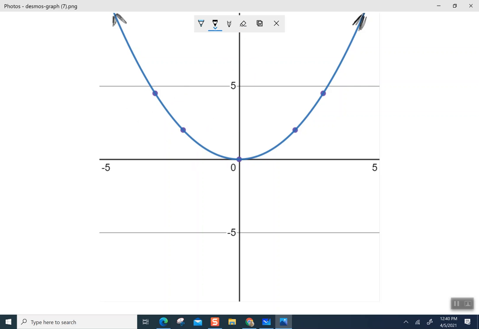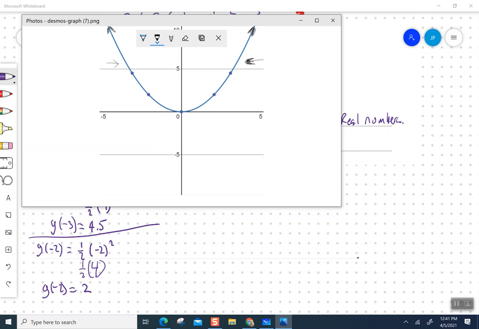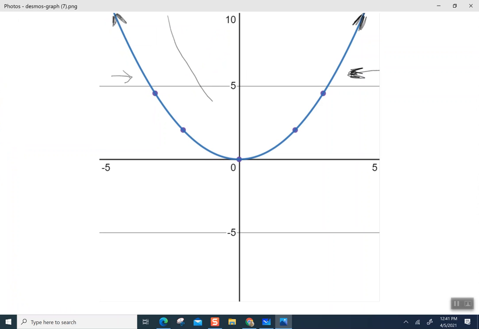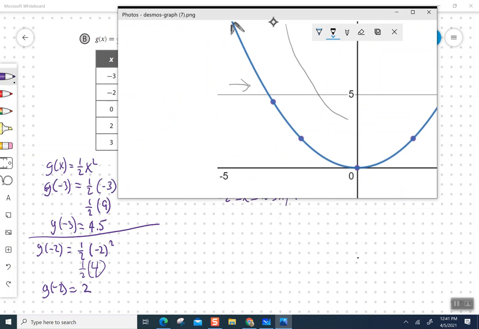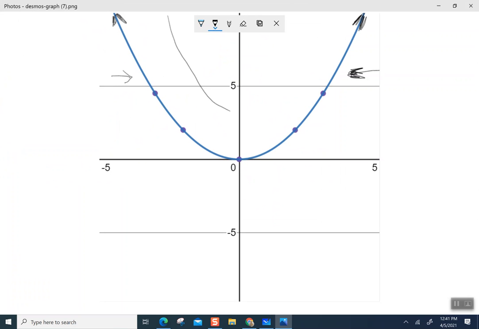So we do the same thing, except this time I want to bring it this way and this way. And I want to keep scrunching him and scrunching him until I get to the point where my graph is just doing this.